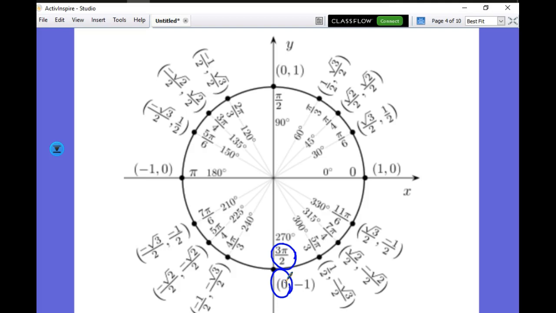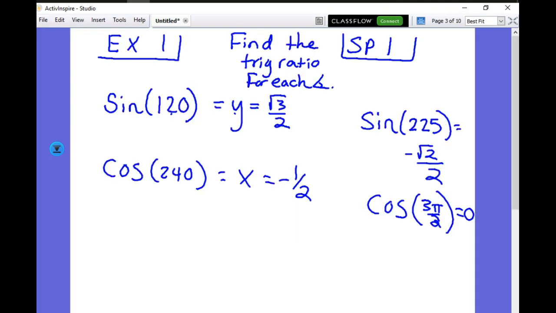Now let's throw another one at you guys. Let's draw a line here, your side and my side. All right, let's do secant of, let me think.